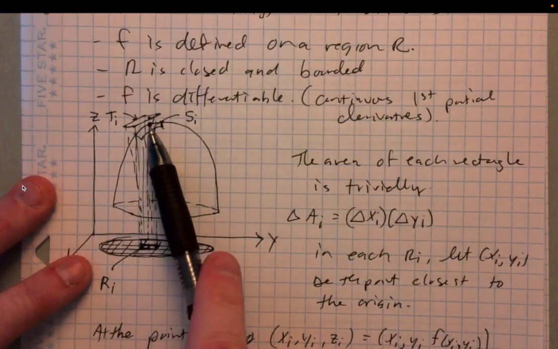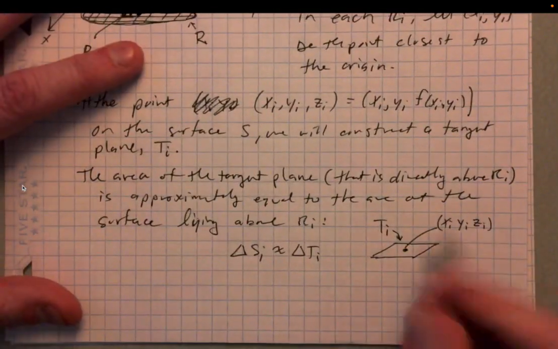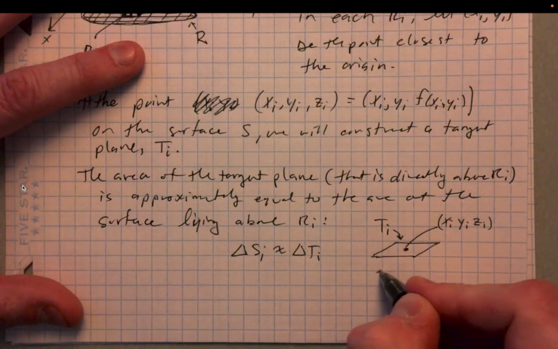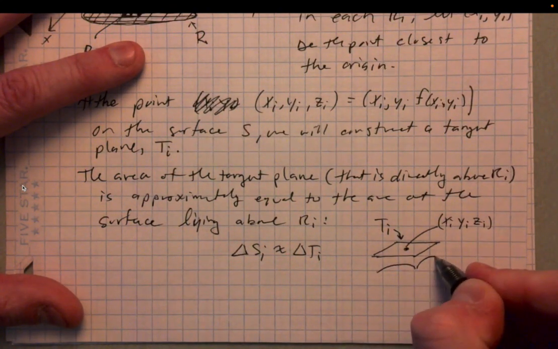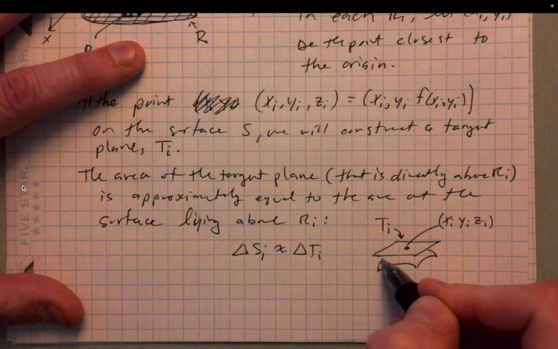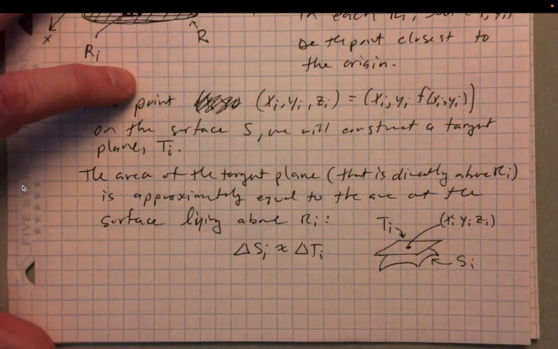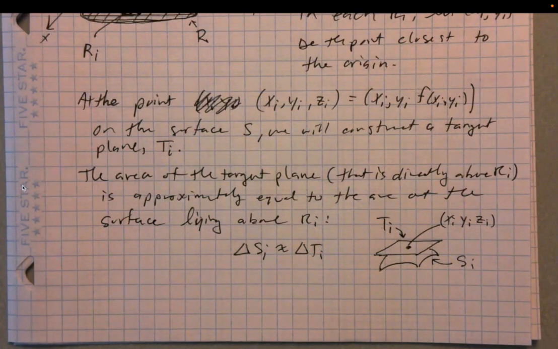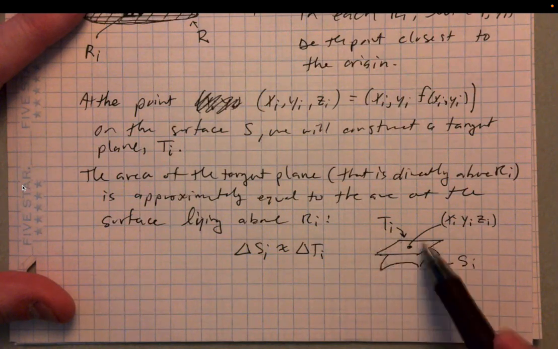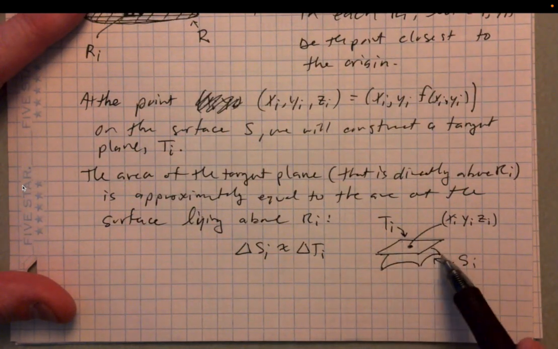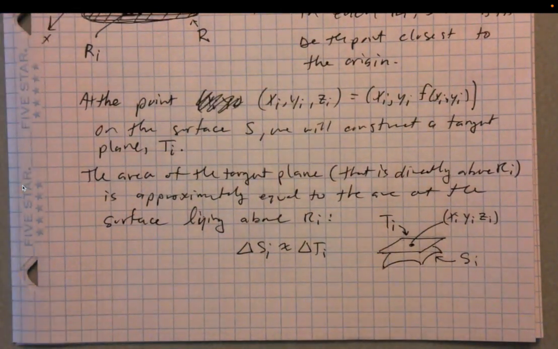I drew it above it, but technically it would be touching that surface at just the point xi, yi, zi. And underneath it, of course, is some curved surface. Ti is a plane, but Si is a curved surface that is part of the surface S, which is denoted by the function f. And all we're saying is that the area of Ti is approximately the area of Si.